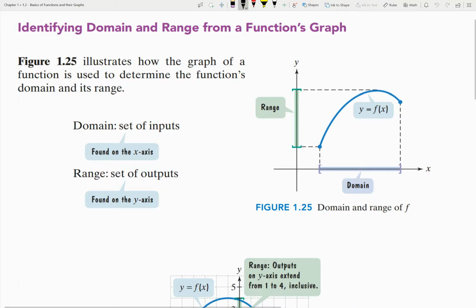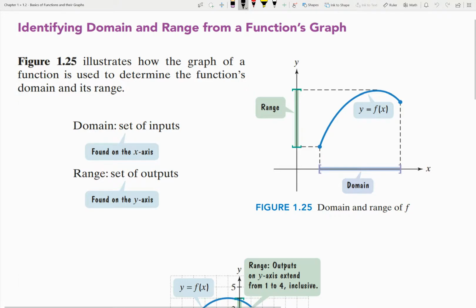So next, another thing that the graph can tell us is it can illustrate domain and range. Domain, again, is the first coordinate of my ordered pair, and when we're looking at the graph, that's always going to be my x-coordinate. The range is going to be your y-coordinate.